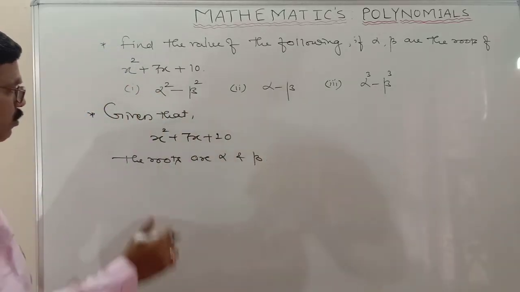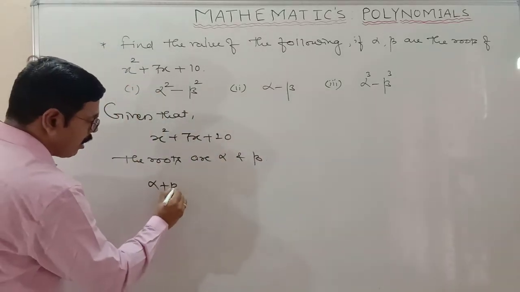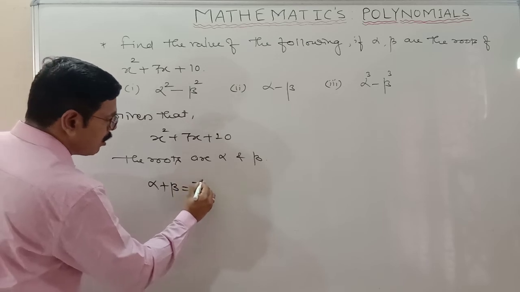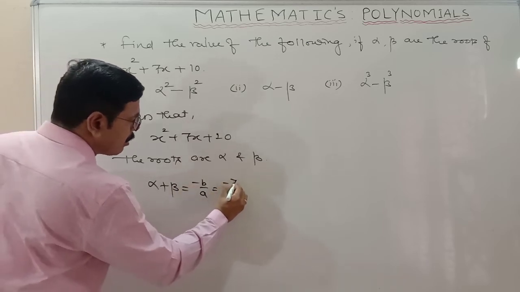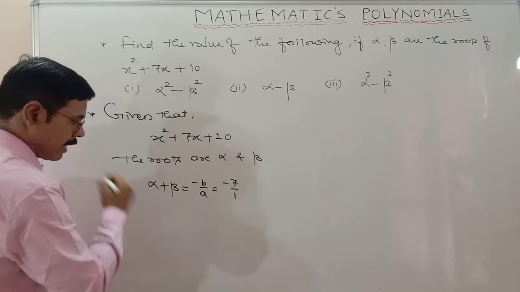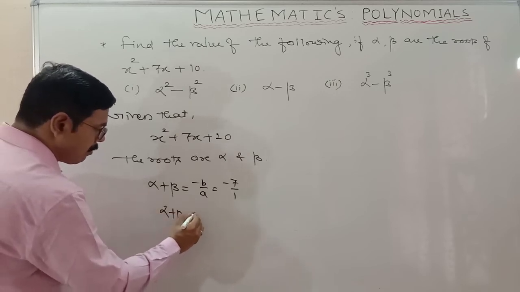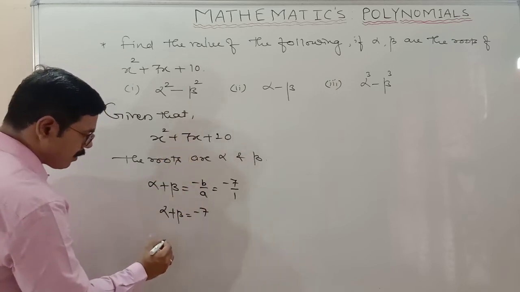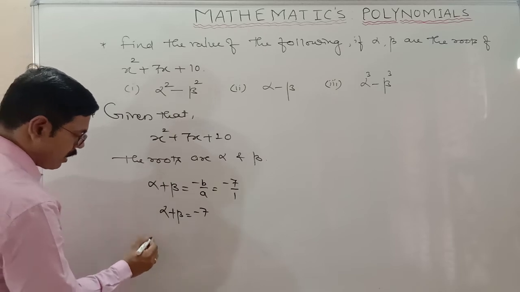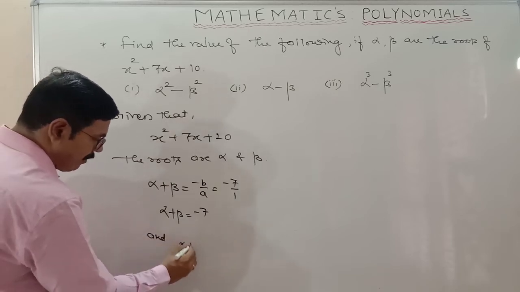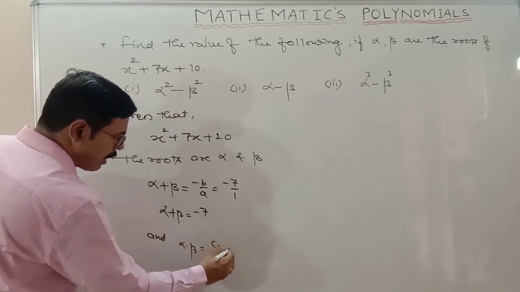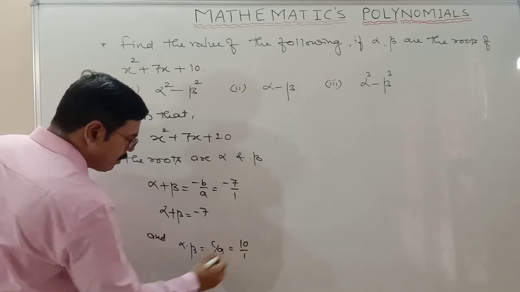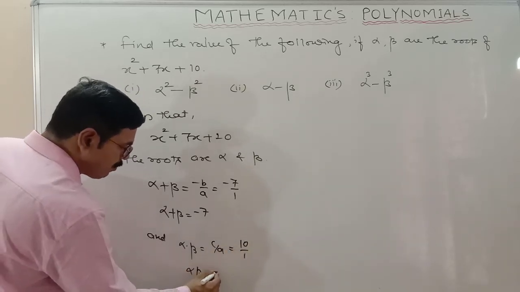Okay, very first we are determining the sum. Alpha plus beta is equal to minus b upon a, minus 7 upon 1 in this case. So alpha plus beta will become minus 7, and alpha into beta क्या होता है? c upon a, that is 10 upon 1. So alpha into beta is equal to 10.